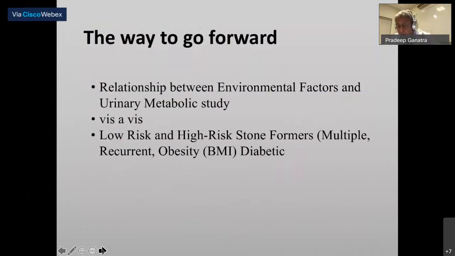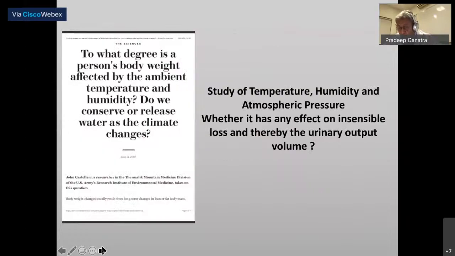Now, how does this figure help us and the data help the clinical scenario? The way forward would be to have more numbers to substantiate the observations and to study the relationship between urinary metabolic study with the said environmental factors. We also need to check whether there is any variation between this finding vis-a-vis low risk and high risk stone formers.